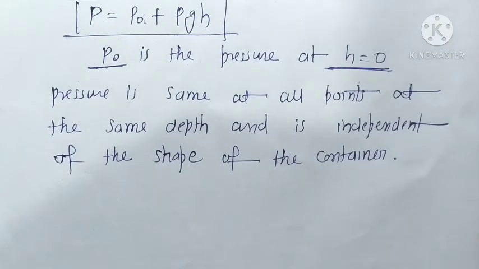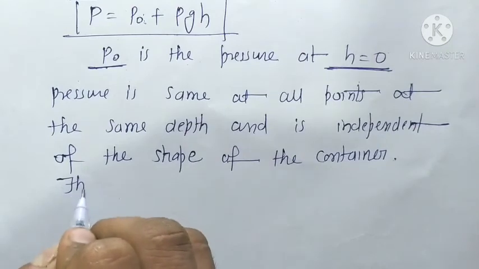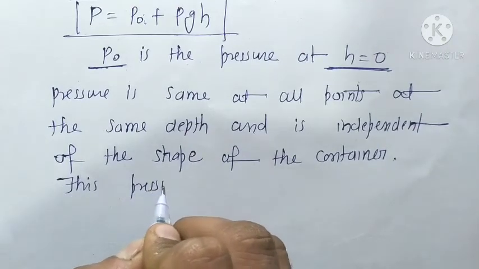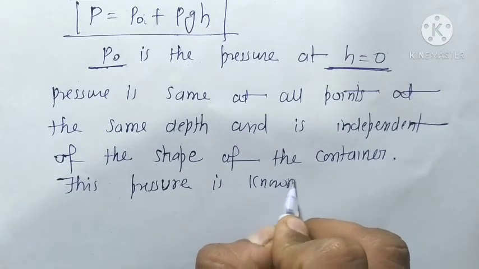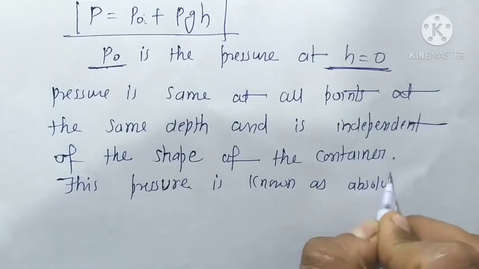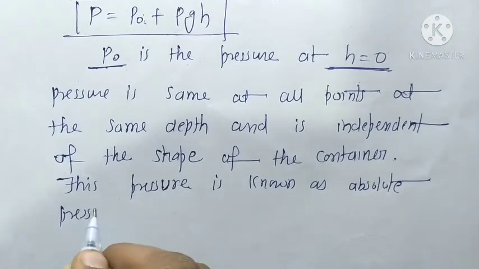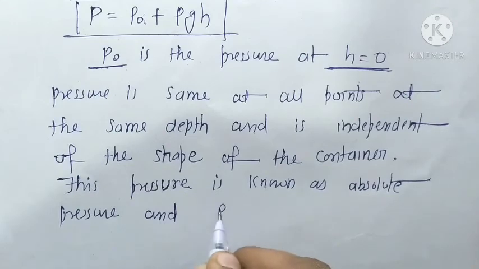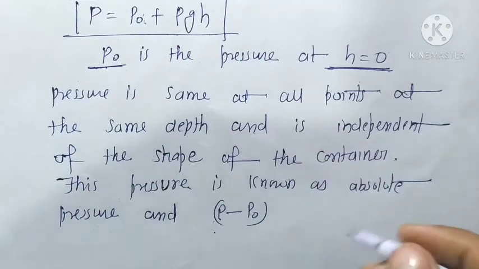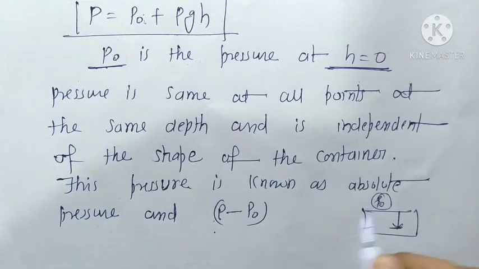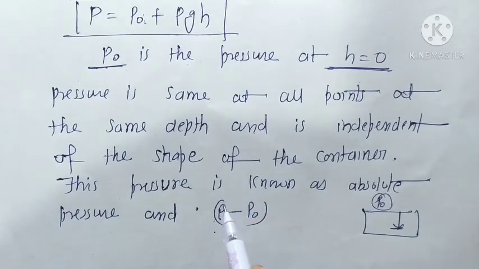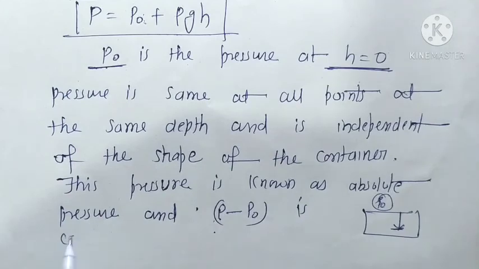This pressure is known as absolute pressure, and P minus P0, the difference of pressure at a certain depth, where P0 is atmospheric pressure, is called gauge pressure.